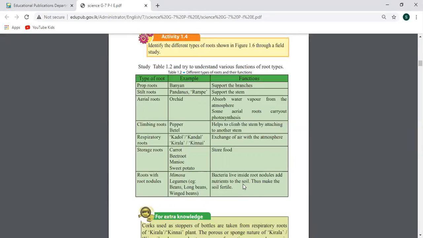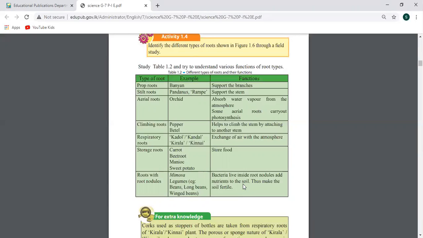And respiratory roots, examples are cardol and Kerala, and the function is exchange of air with the atmosphere. Storage roots, example carrot, beetroot, manioc, and sweet potato, as I told you earlier. The function is to store food.